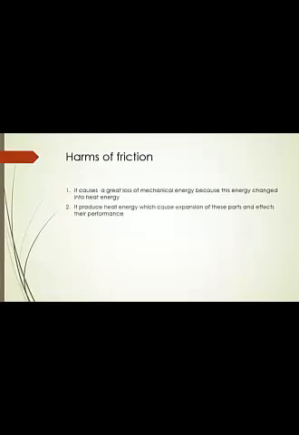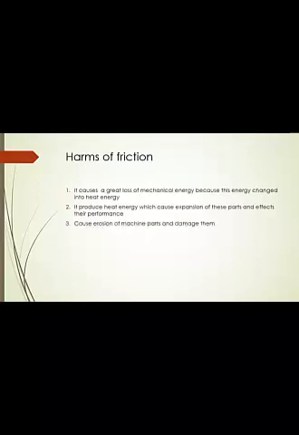On the other hand, there are some harms of friction. Firstly, it causes great loss of mechanical or kinetic energy because this energy changes into heat energy. Secondly, it produces heat energy which may cause expansion of the parts and affect their performance.